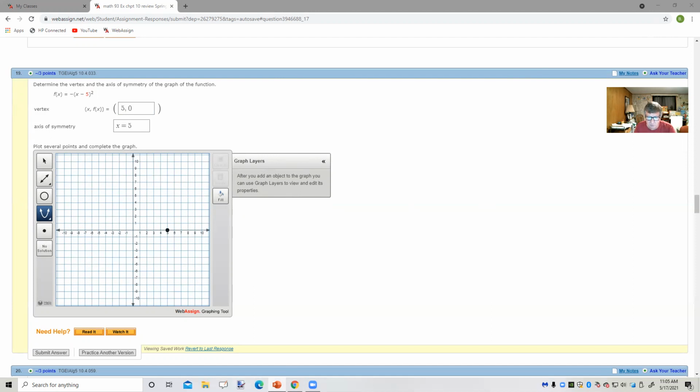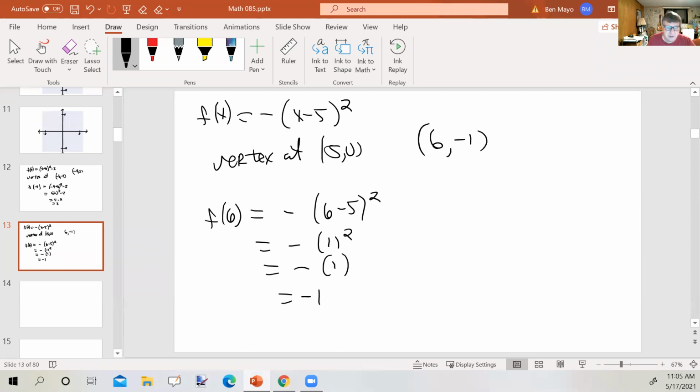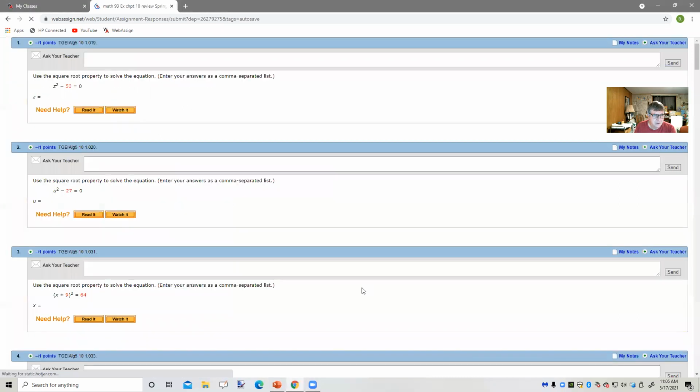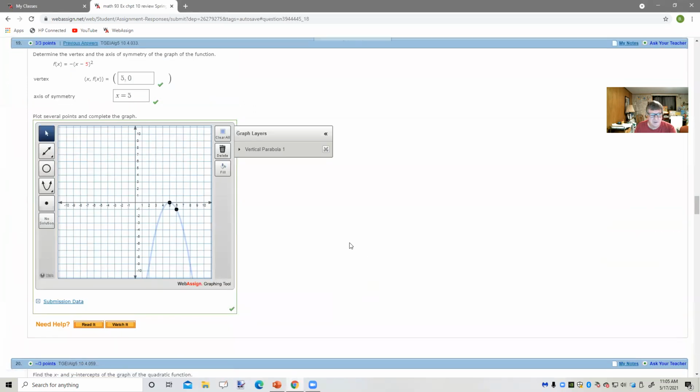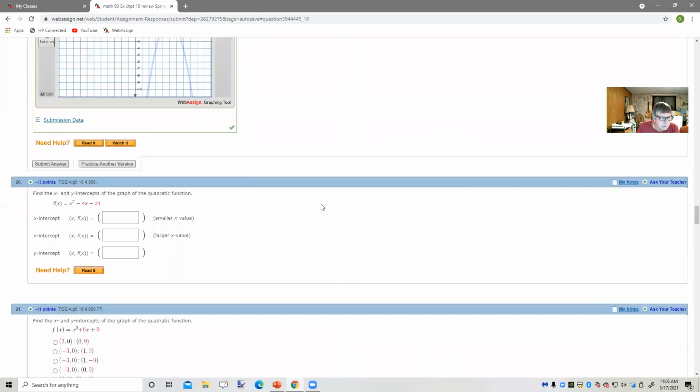I'm going to go back to my whiteboard. And f of 6 is that, which is that, which is -1. So 6, -1 should be another point on the graph. Let's see if it is. 6, -1. And it says yes.